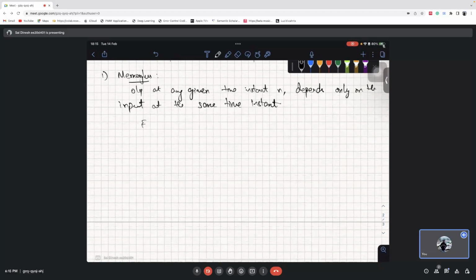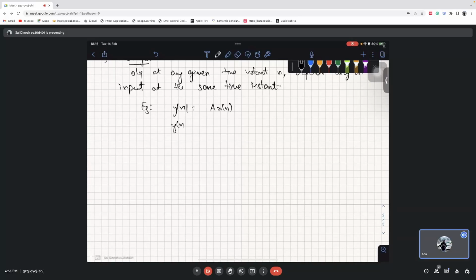Examples would be y of n equals a times x of n, or y of n equals cos of n plus 10 times x of n. All of these depend on exactly the same time instance. Here the cosine is not the signal, it is the amplitude gain being applied by the system, so we cannot say that it is not a memoryless system; it is a memoryless system.